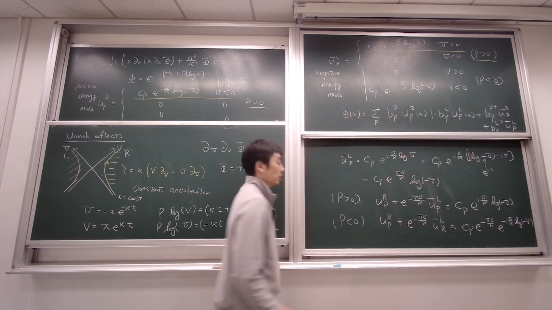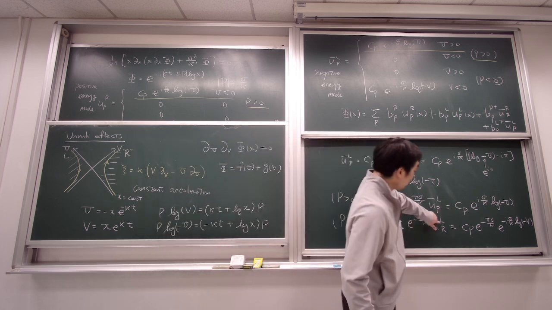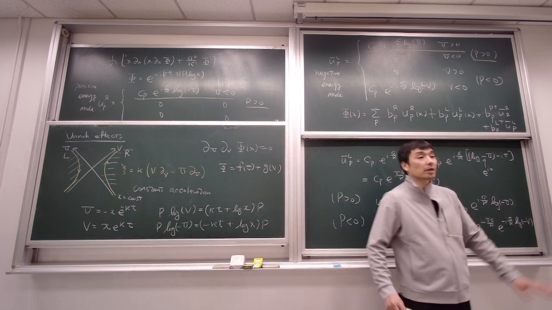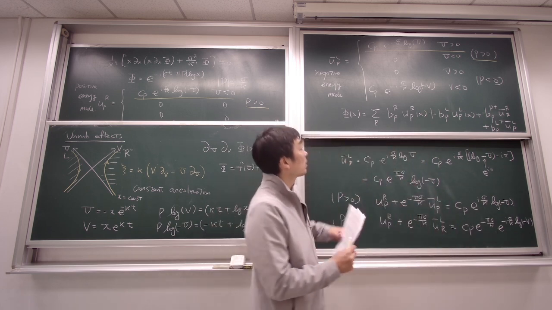If you do the same trick, one can write down the mode which only depends on capital V. Therefore, this satisfies the Klein-Gordon equation.